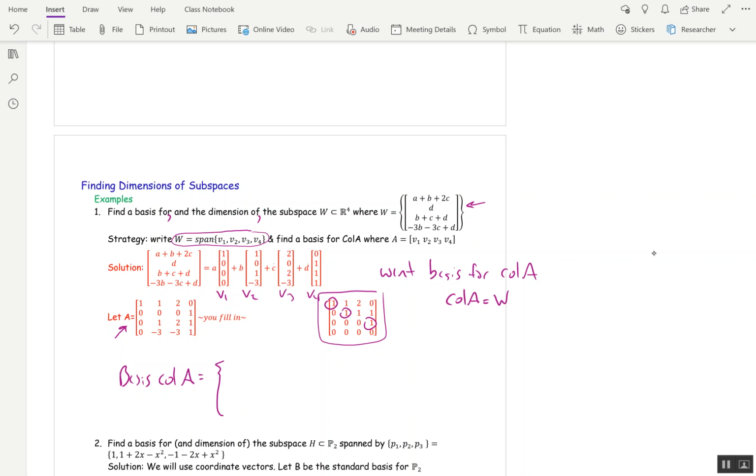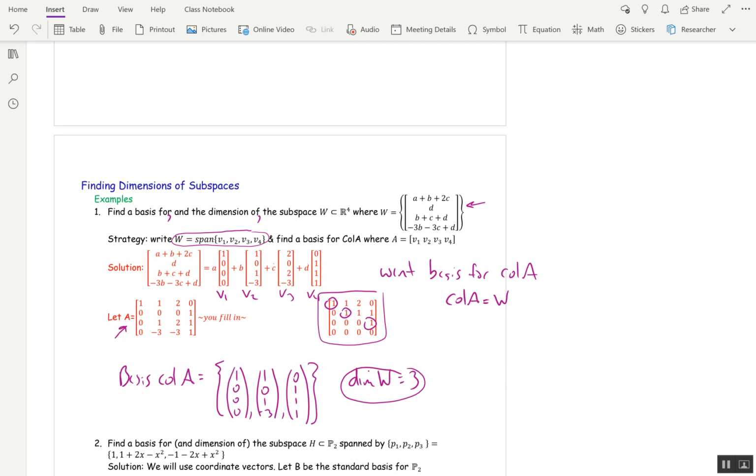So a basis for col A is (1, 0, 0, 0), the first column; the second column, (1, 0, 1, -3); and the fourth column, (0, 1, 1, 1). And that space, col A, which remember, col A is W. Dimension W is 3 because we found a basis for W that had 3 elements in it.